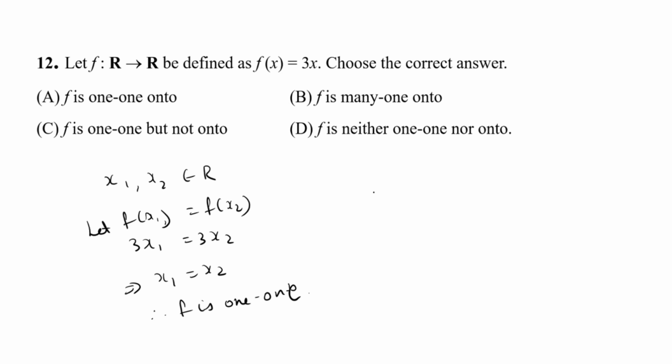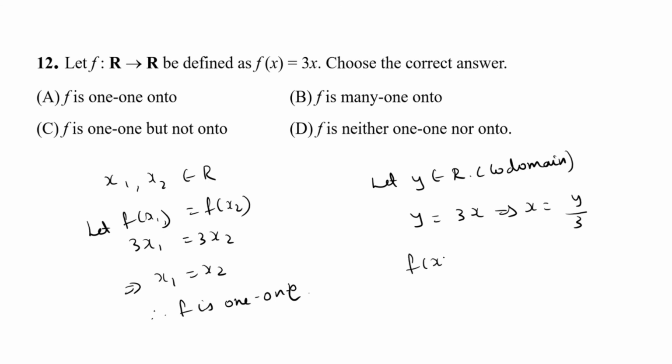Now to see whether f is onto, let us take y belongs to the codomain R. Then we have y is equal to 3x or x is equal to y by 3. So f(x) is equal to 3 into y by 3 is equal to y.